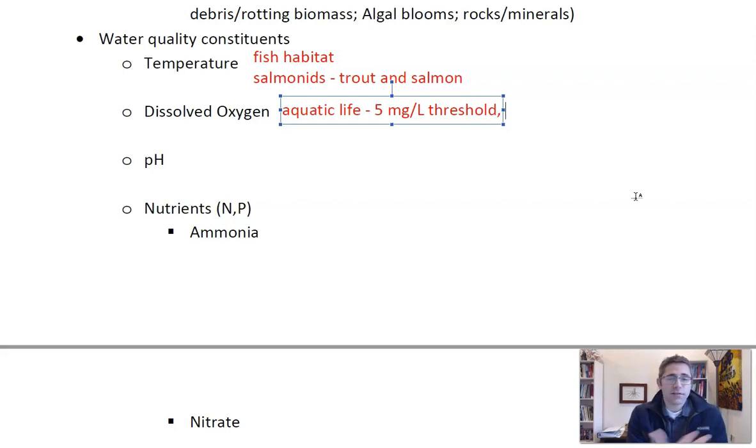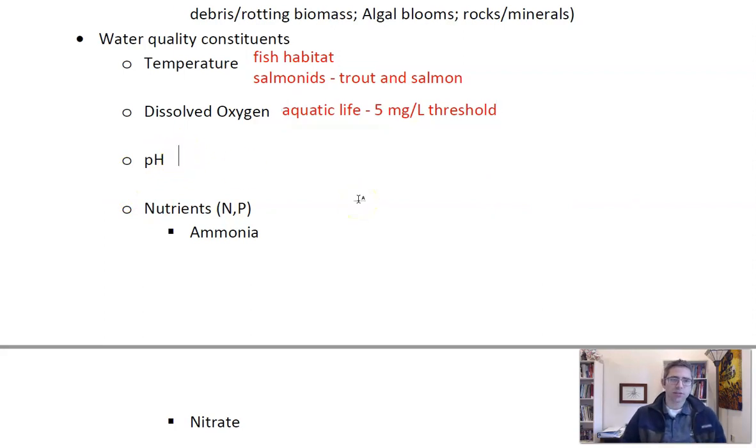But some aquatic life can survive at lower values than that. But for the most part, 5 milligrams per liter is a good threshold for general aquatic life health. So that includes fish, macroinvertebrates, algae, well, not so much algae, but things like salamanders and frogs and so forth.